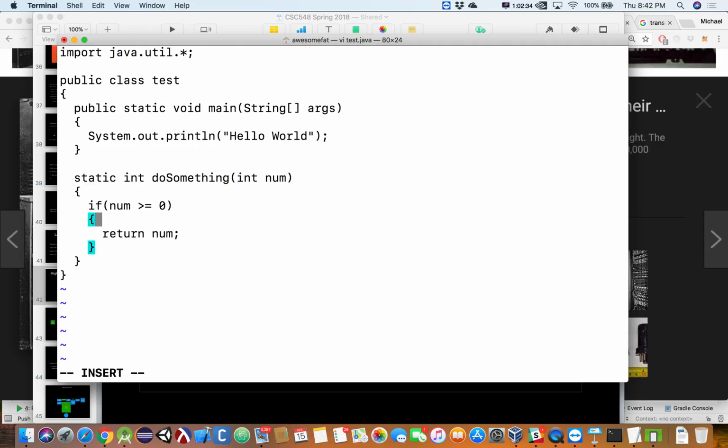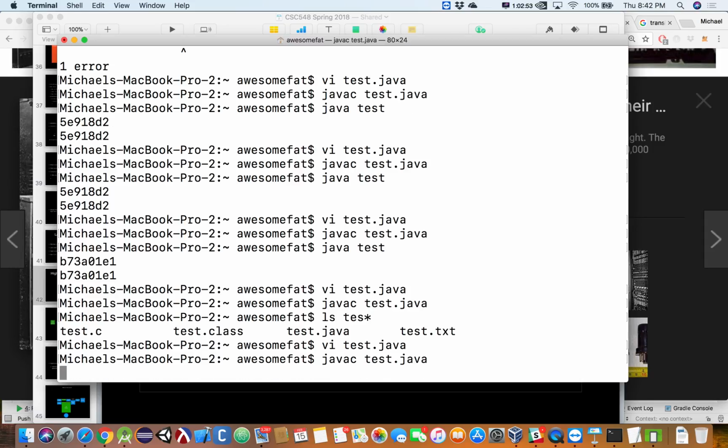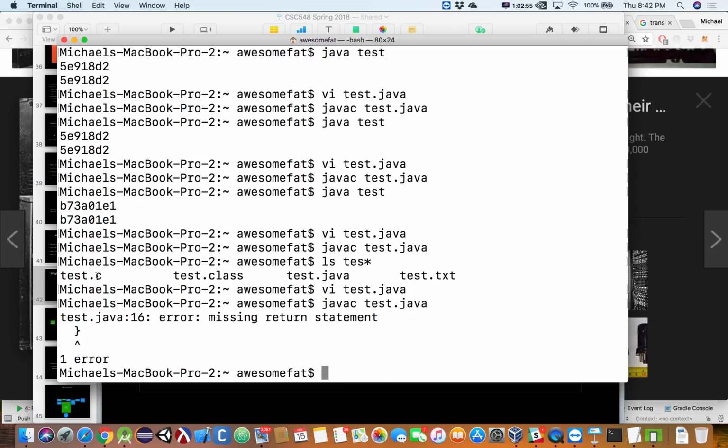All right, then I'm going to come up here. I'll do something 15. This gives us an error message because it says we're missing a return statement.